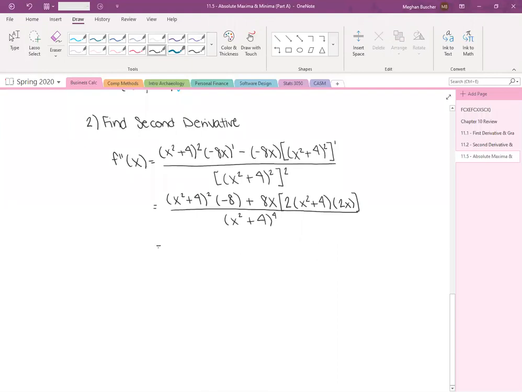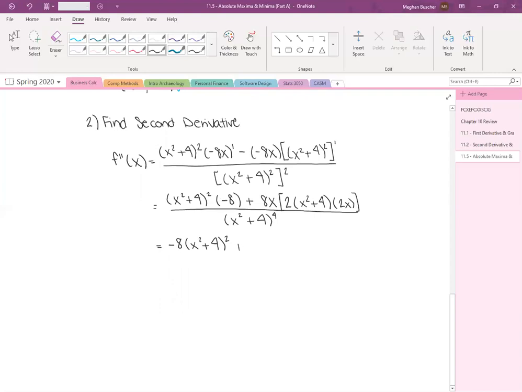Okay. Now that we have all our derivatives taken care of, we just need to do a little bit of simplification. Whenever you have a squared term, you can't distribute like you would normally. Anytime there's a power here, you can't distribute. So I'm just going to write simply negative 8 times x squared plus 4 squared. I'm not going to do anything with that term.